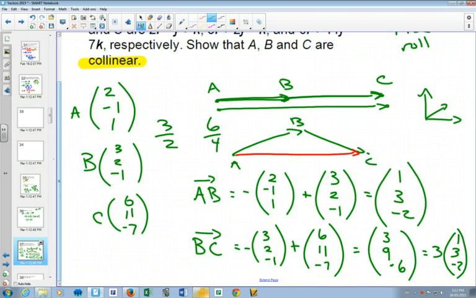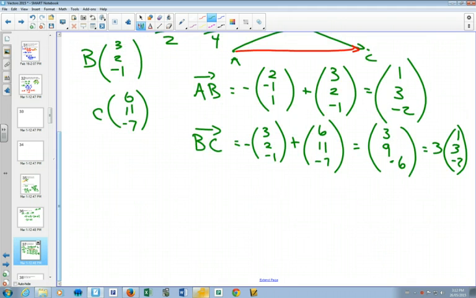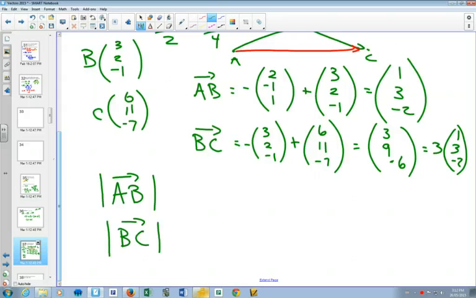So we could use our distances, and we know that, right? We could figure out the distance from A to B. We could figure out the distance from B to C, and then figure out the distance from A to C. And if A to B plus B to C is equal to the distance from A to C, then we would know that it's equal.